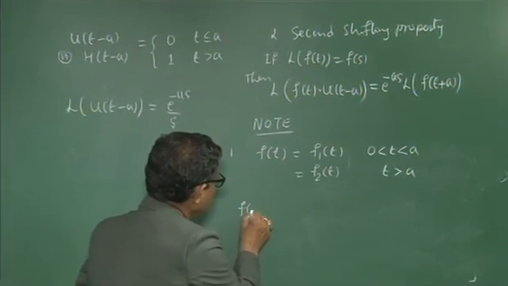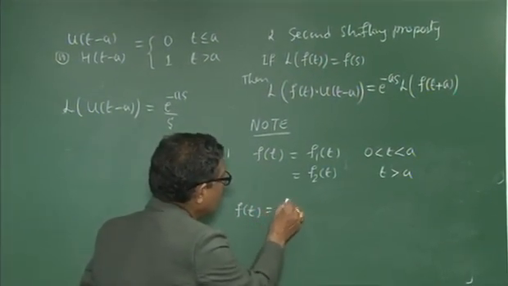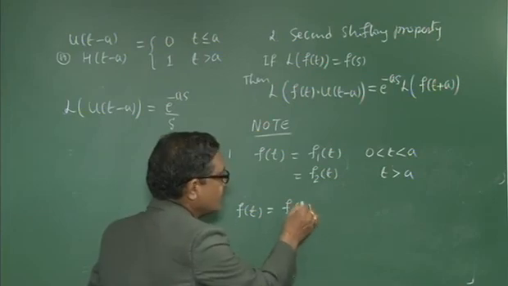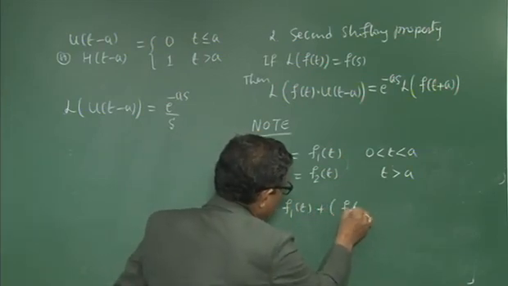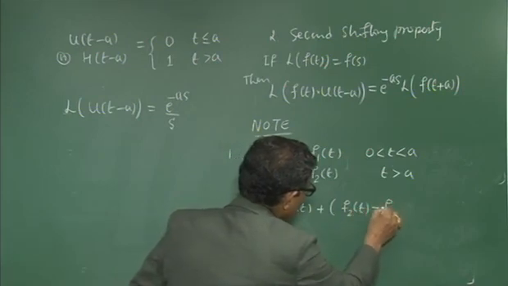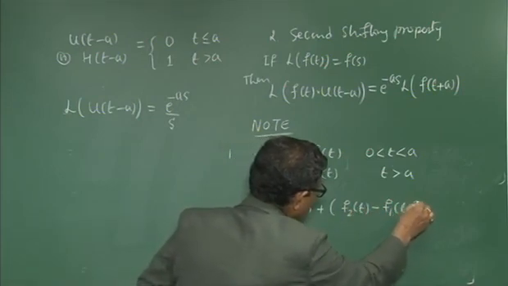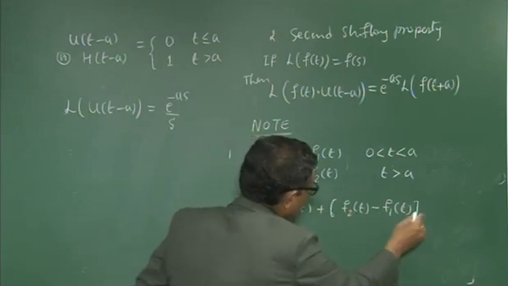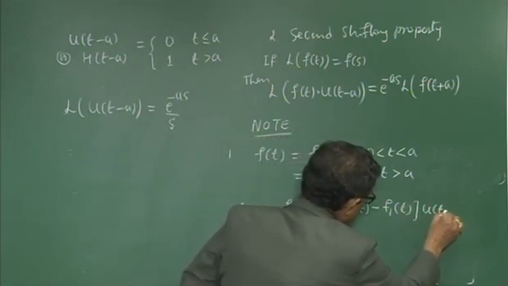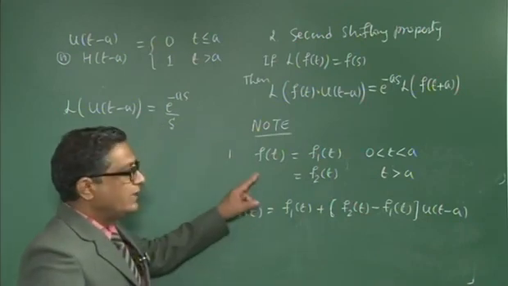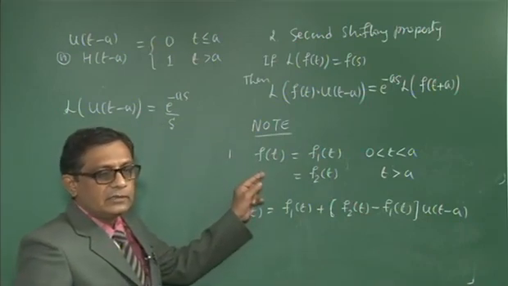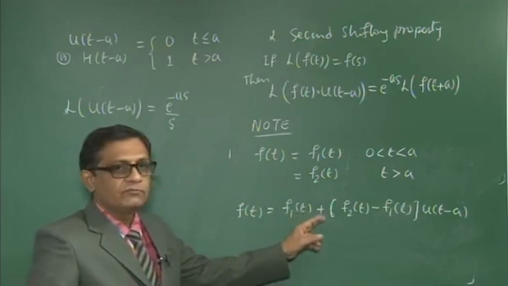How do you write it? f of t equal to f1 t, the first function, plus f2 t minus f1 t into u of t minus a. Now you have written the given function in terms of unit step function.